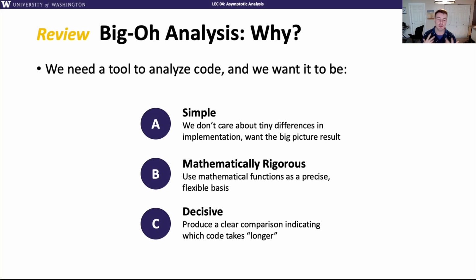Now, why do we choose this tool out of all the possible tools we could use to analyze our code? Well, I would argue that there are three main goals that we want in a tool for analyzing our code that make big O analysis, or algorithmic analysis, a really great candidate. We want this tool to be simple, firstly. We don't want to care about tiny differences in implementations if they really aren't going to have a big impact.